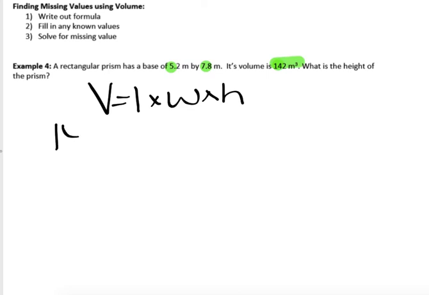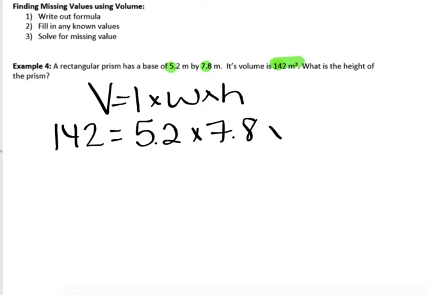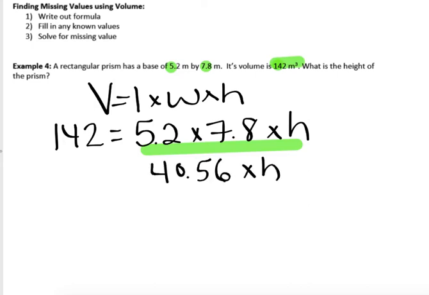So I have 142 is equal to 5.2 times 7.8 times my height. First thing I'm going to do is simplify this side of my equation. And by simplify it, I mean I'm going to take 5.2 and multiply it by 7.8. When I multiply those two numbers together, I get 40.56 times h. And I still have 142 on this side.